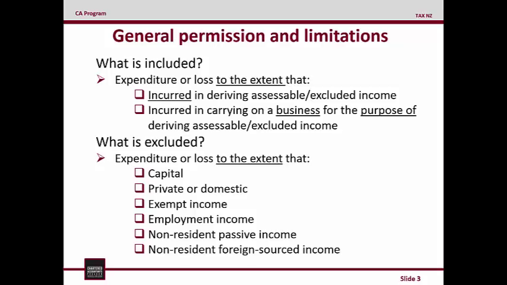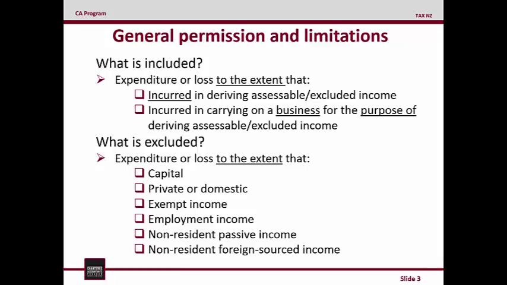The third concept is that there's a difference in the general permission based on whether the taxpayer is carrying on a business or not. A taxpayer who is carrying on a business can claim expenditure provided that it's incurred in carrying on their business and that none of the general limitations apply. In fact, a business can potentially claim a deduction for expenditure that does not result in any assessable income.